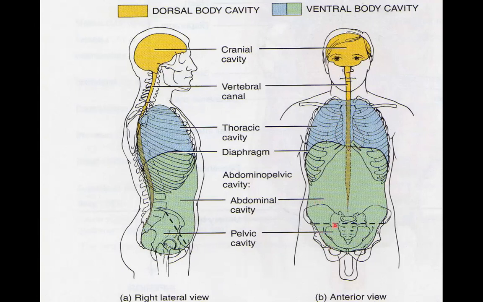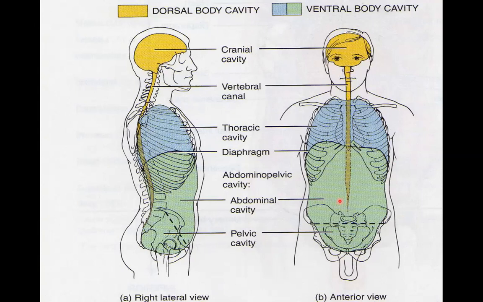Peritoneum. Okay? This serous membrane always consists of an outer parietal layer and an inner visceral layer. The outer parietal layer is always close to the wall, while the inner visceral layer is intimately attached to the organs present.